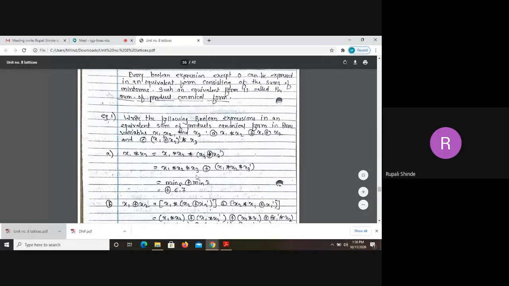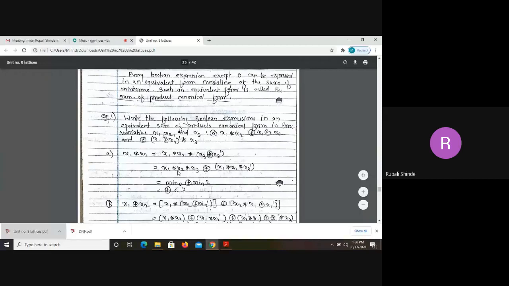So for the first term we got the values 1, 1, 1, and for the second term we got 1, 1, 0. And every time you have to check the sequence x1, x2, x3. This sequence must be followed.